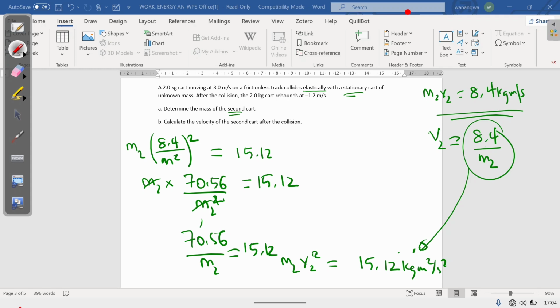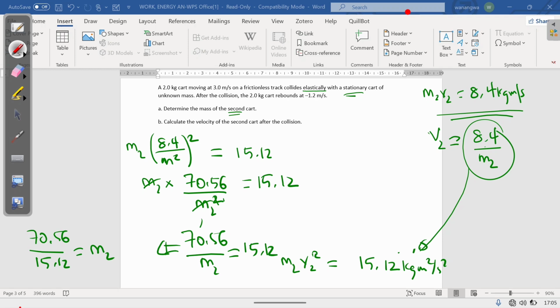All right, so from there we are going to have to make m2 the subject of the formula. So this part goes here. It will be 70.56 divided by, cross multiplication, 15.12 equals m2.